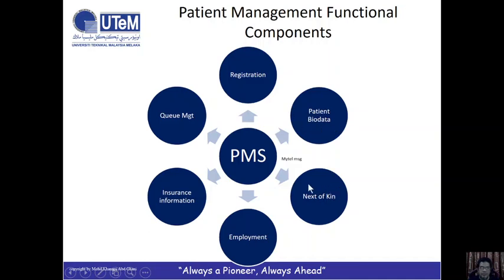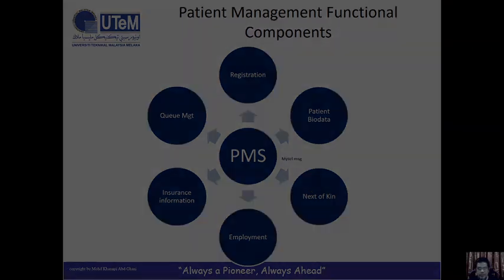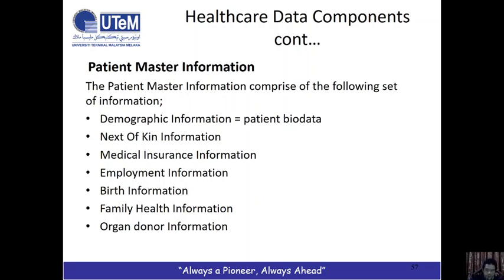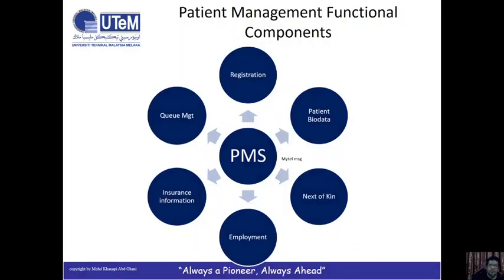What are the attributes involved in the next of kin? So you just list the candidate entities that are involved in the PMS. From this module, you can imagine that you have a registration number, for example, you have the patient ID, patient master index number, IC number, gender, race, and so on.